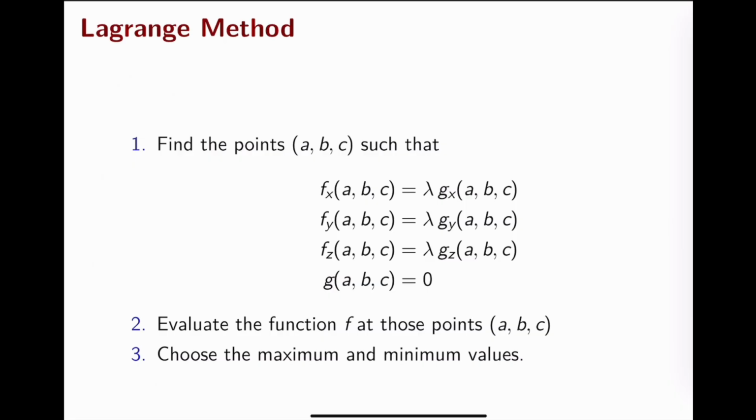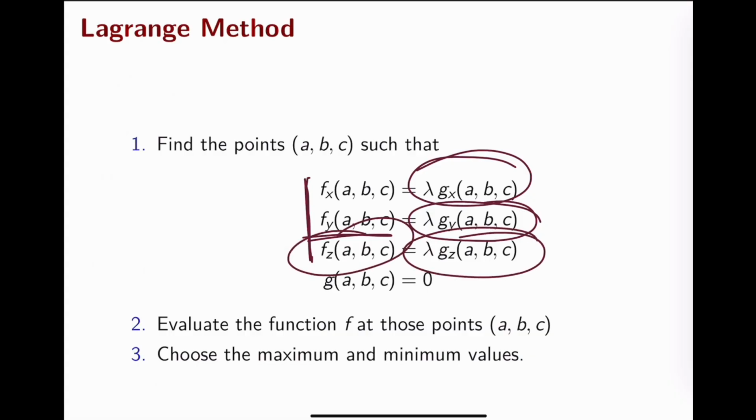If we know that the gradient is going to be a multiple of the other gradient, we can find the candidates to be extrema by finding the points that satisfy that condition. The condition of the gradient, with 3 components, will be that the derivative with respect to x is a multiple of the derivative with respect to x, the derivative with respect to y is a multiple, and z is also a multiple.